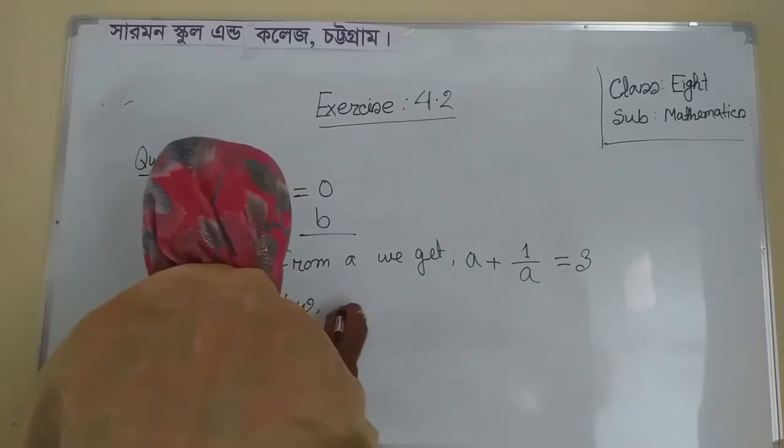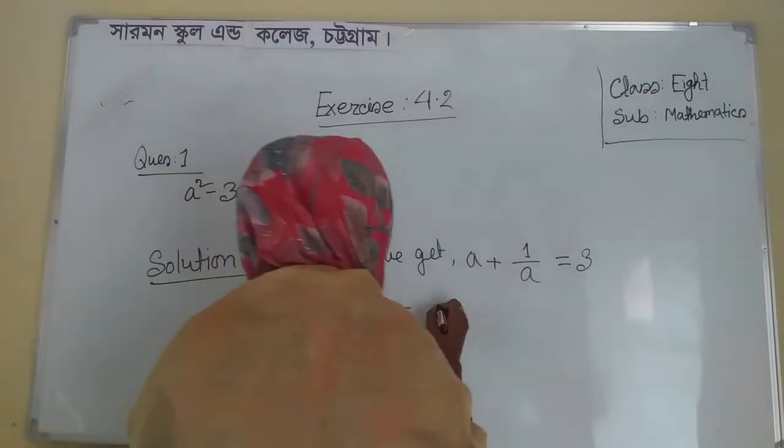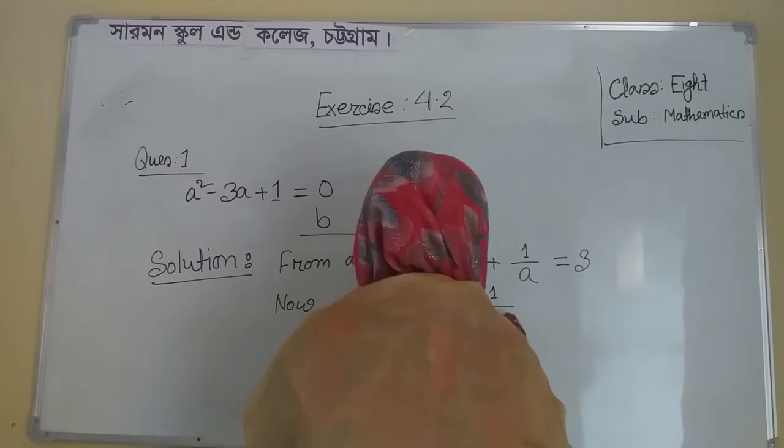left hand side equal a to the power 4 plus 1 by a to the power 4.